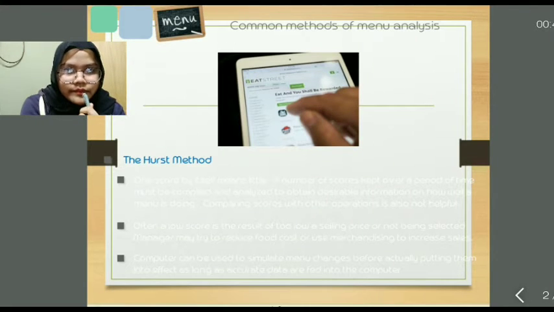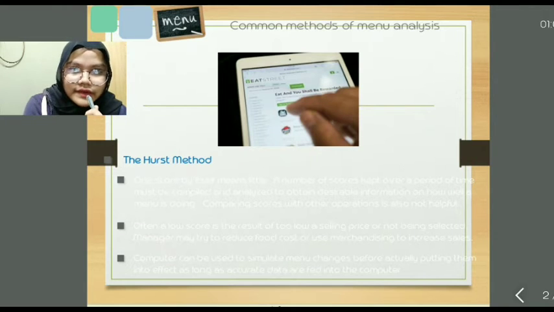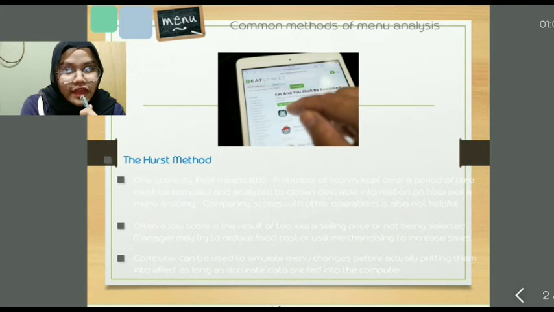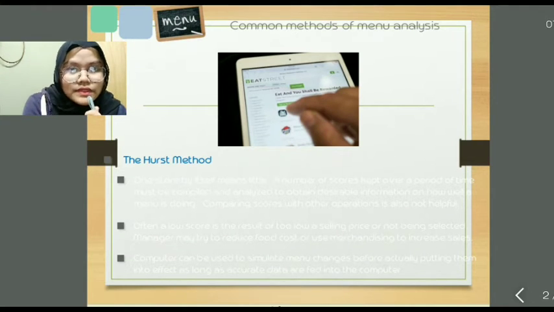In the Hurst method, a number of scores kept over a period of time must be compiled and analyzed to obtain desirable information on how well a menu is doing. Comparing scores with other operations is also not helpful. Often, a low score is the result of too low a selling price or the item not being selected.